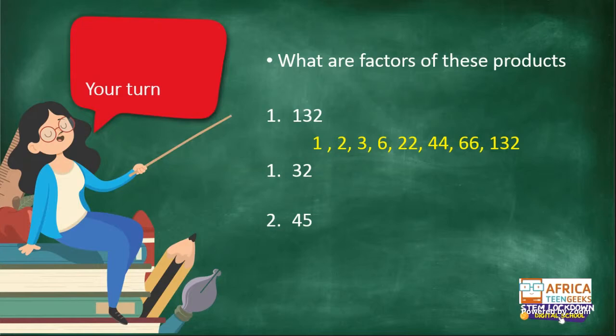The first factor of 132 is obviously 1, because 1 multiplied by 132 is 132. And we have the second factor, which is 2, 2 multiplied by 66.